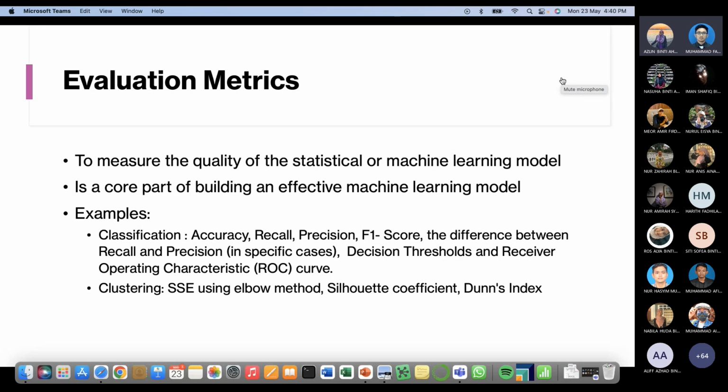Tapi kalau classification, this is very important because of what? Kalau accuracy rendah ataupun slightly low, but precision tinggi, specificity, sensitivity dia tinggi, so adakah you akan ambil model tu atau tidak? So those are the things yang kita nak tengok.